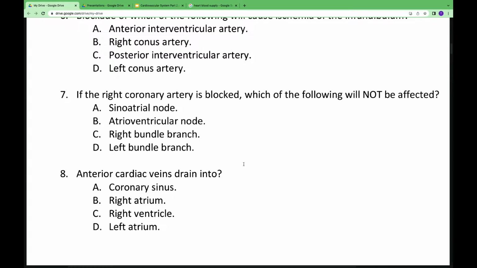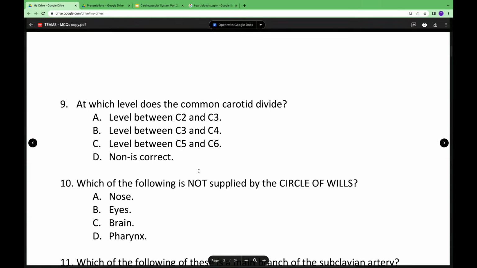Okay, 2 more questions. Let's do till 10, okay? At which level does the common carotid artery divide? It is kind of today's topic also.